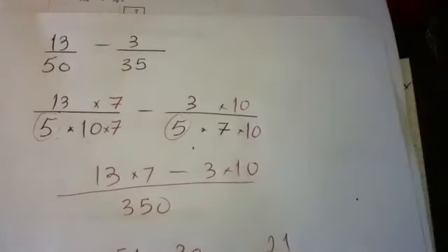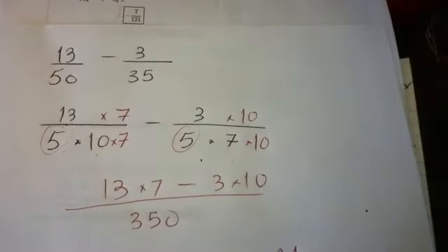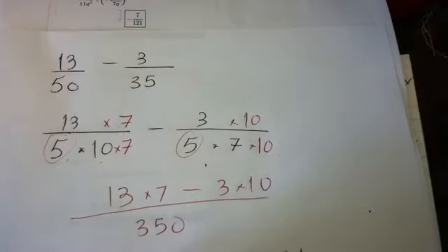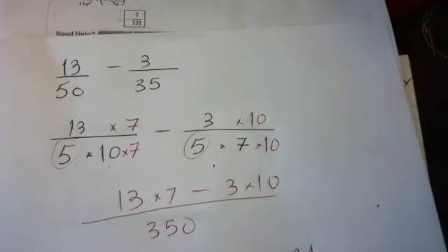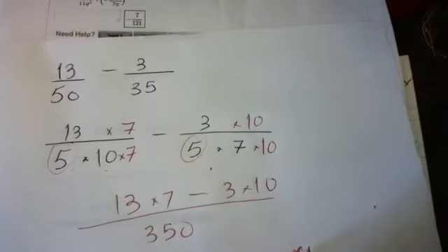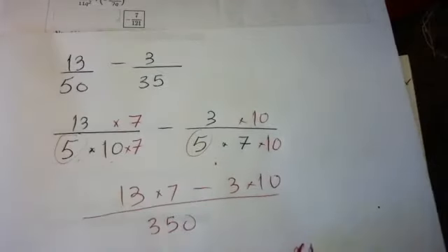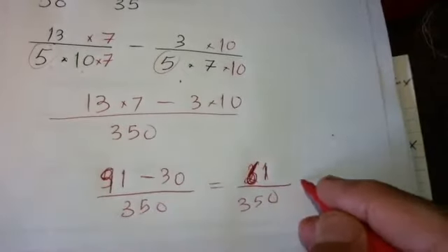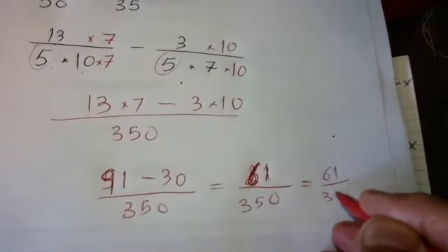That's it? Let me double check here. I have to use my calculator. 13 times 7 is, oops, 91, minus 30, 61, sorry. 61 over 350.